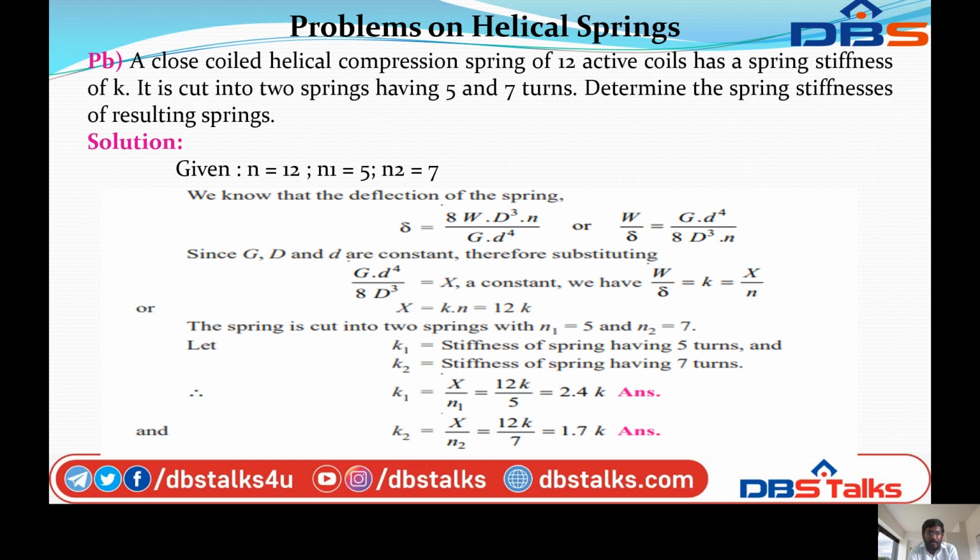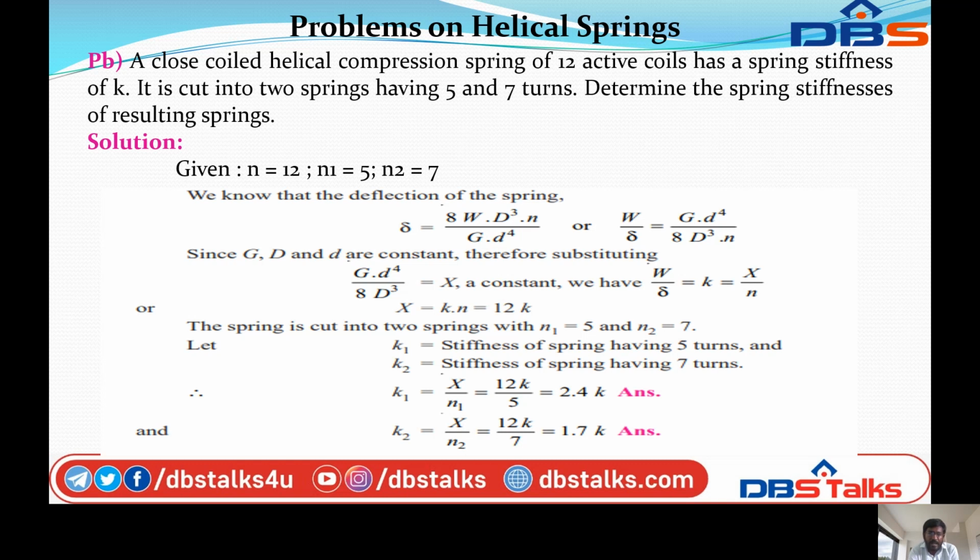So W by delta is equal to K is equal to X by N. So X is a constant, X is equal to G d power 4 by 8 D cube. So W by delta is equal to X by N. So X is equal to KN.